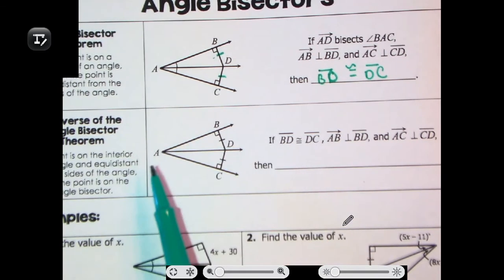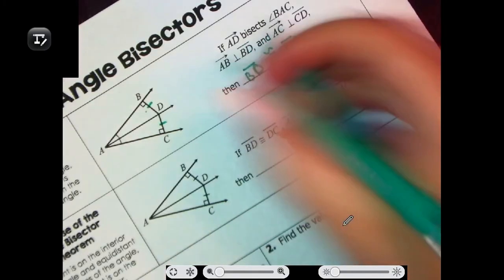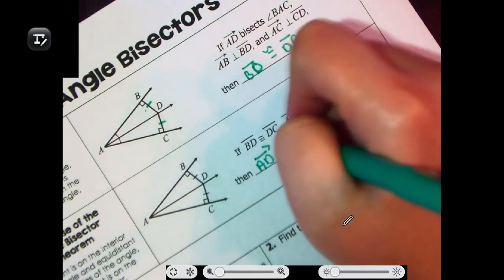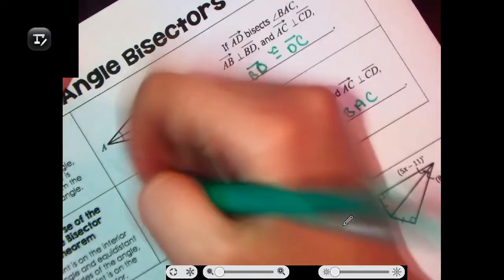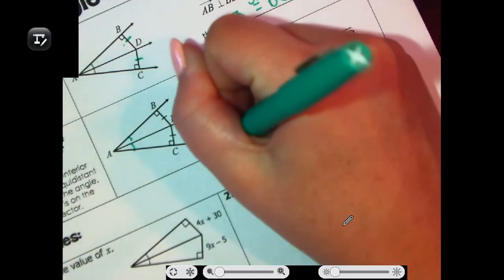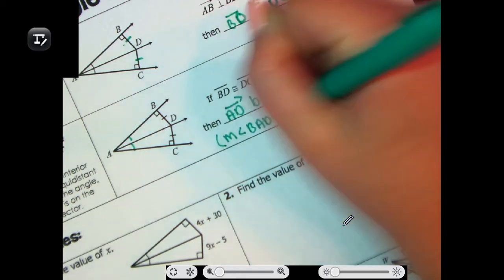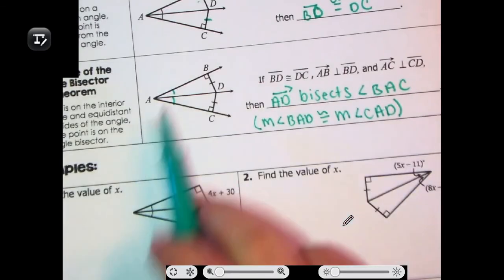Now we're going to go backwards and say that ray AD bisects angle BAC, which we know, remember from angle bisector, means that those two angles are congruent, which is the whole purpose of that theorem as well. So I'm going to put right here in parentheses that the measure of angle BAD is congruent to the measure of angle CAD. So these two angles are congruent.